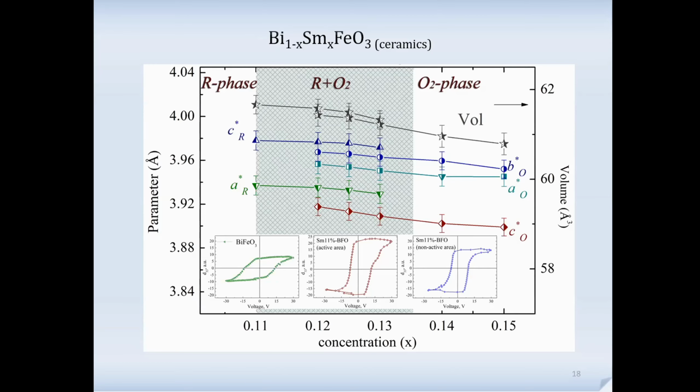These loops are drawn using arbitrary units, not numerically in picocoulomb per Newton, because it's quite difficult to recalculate and put these loops on a real scale. It's just to compare how the loops change with the concentration.